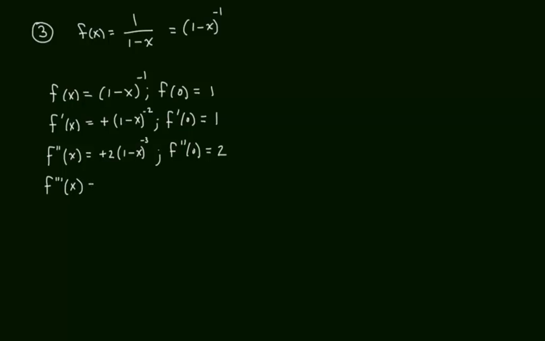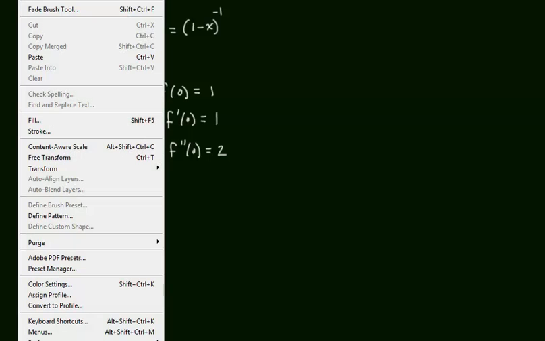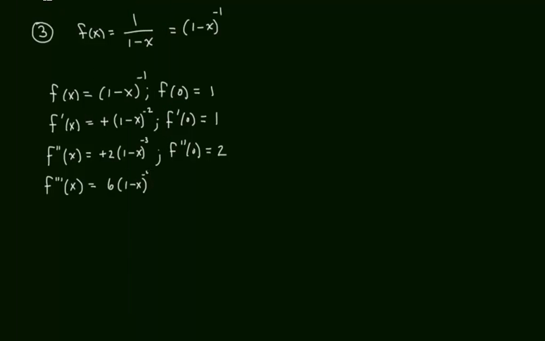So I'll do the third derivative. This is going to become 6, 1 minus x to the negative 4 power. Whoa, that is a negative 4. Not a negative blah, a negative 4. So now f triple prime at 0 is going to be 6.